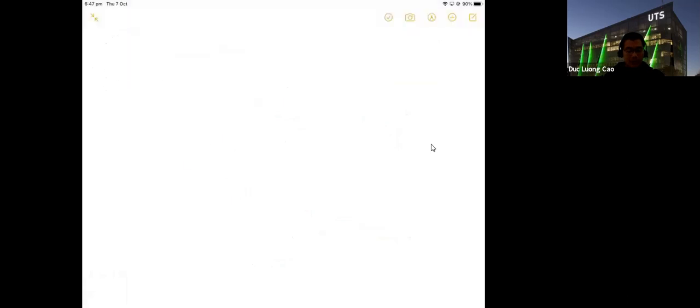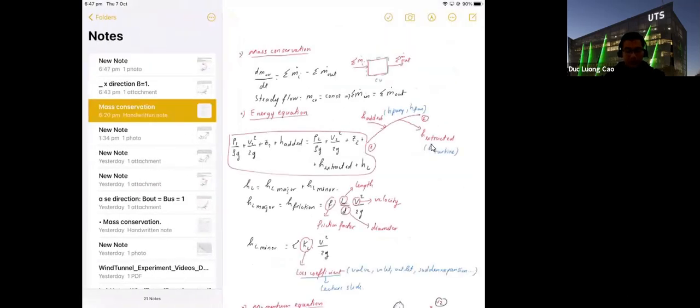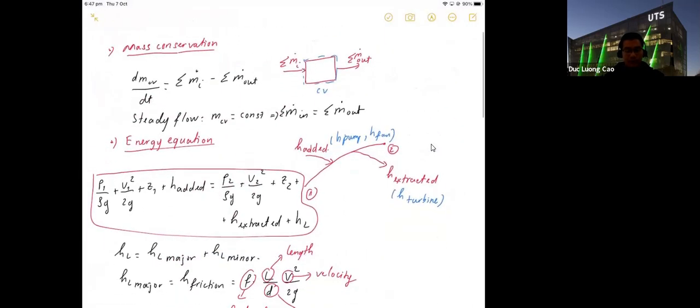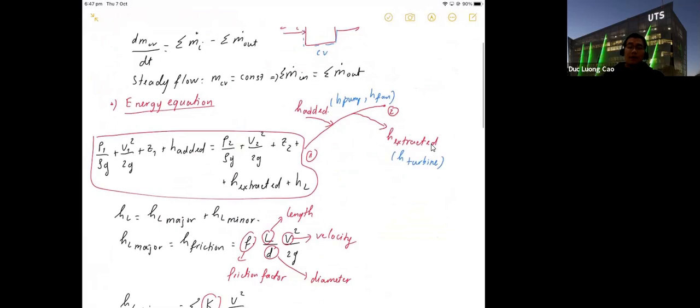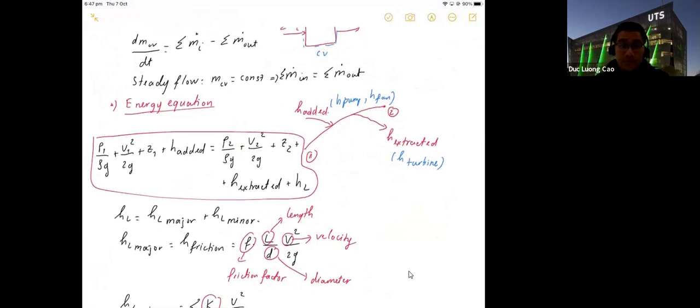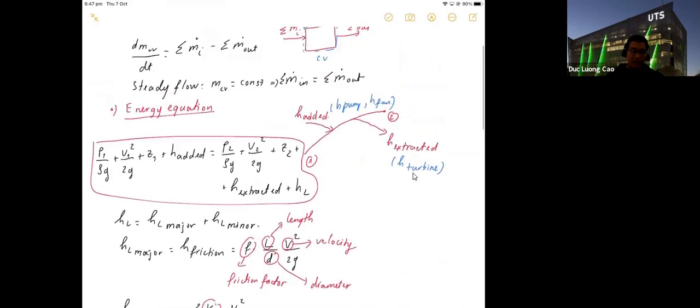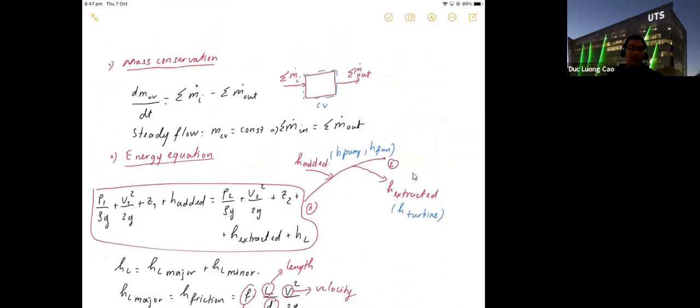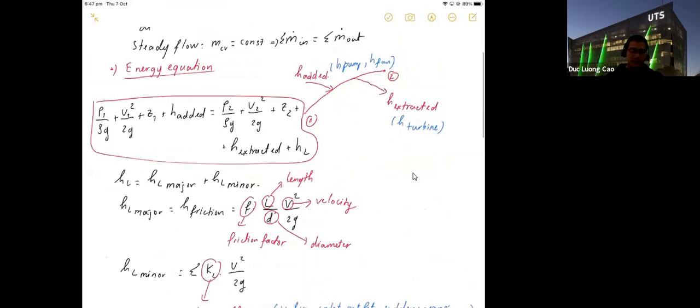We have 3 main equations. So which one will we use to find pressure P1? Bernoulli, yeah. Bernoulli or energy. Bernoulli is the energy equation for ideal flow. For mass conservation, there is no pressure, so maybe you don't apply it to find pressure.